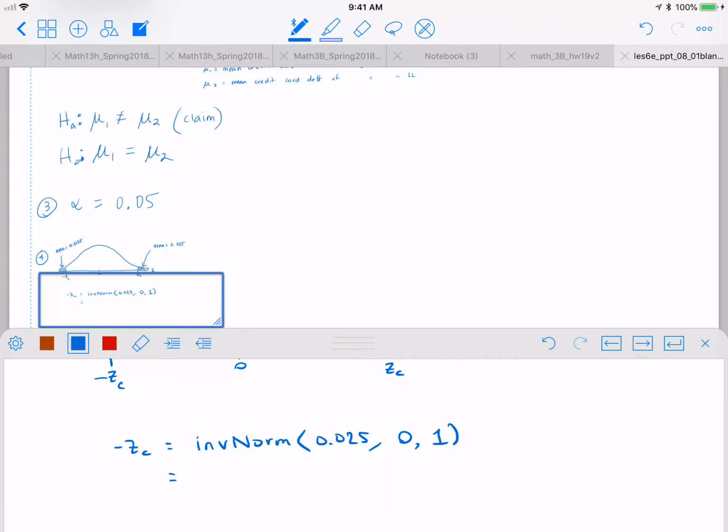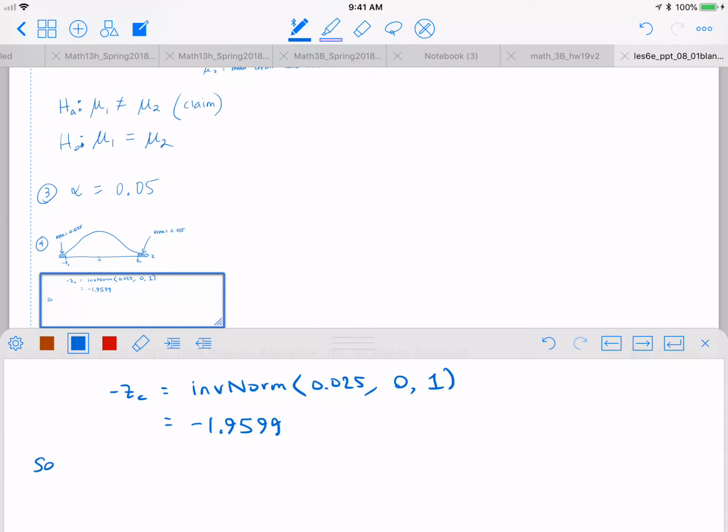I need to go to second vars to get to my distributions. Inverse norm, 0.025. Okay, and I get negative 1.9599. So my critical values are plus and minus 1.9599.